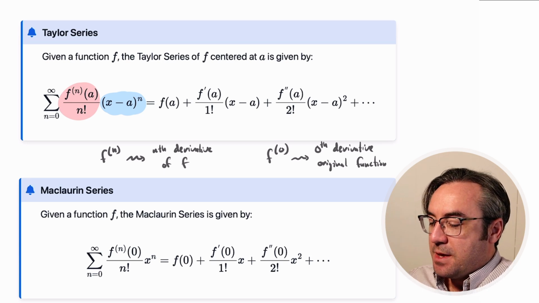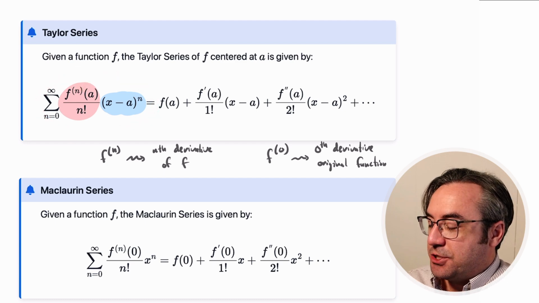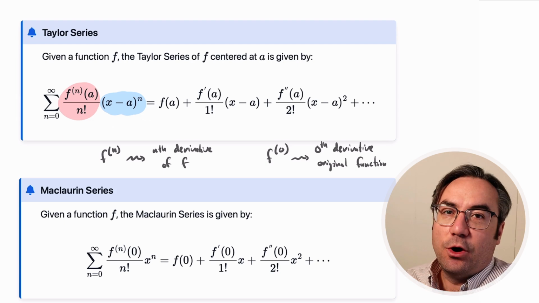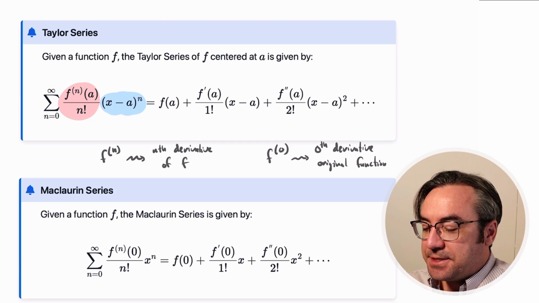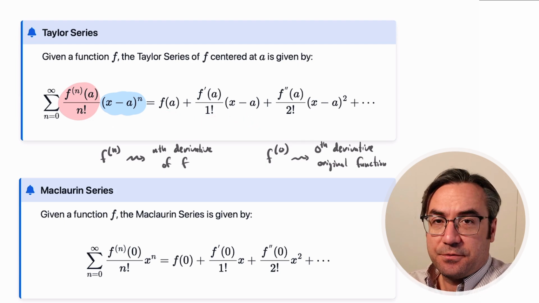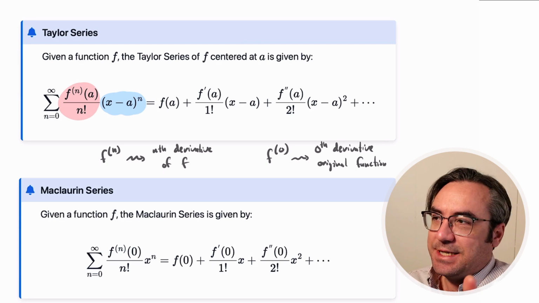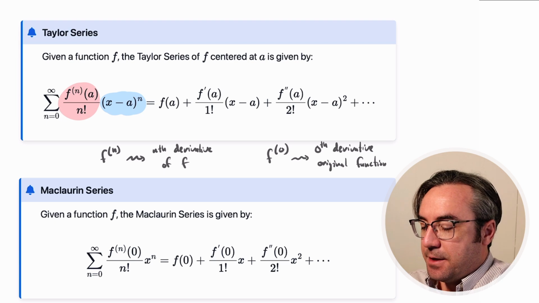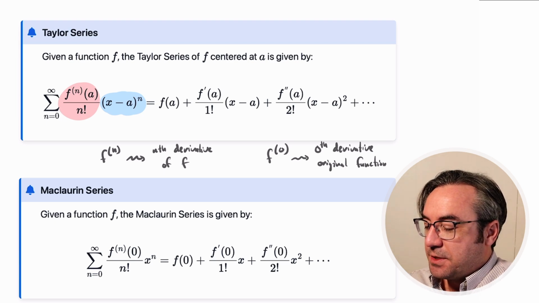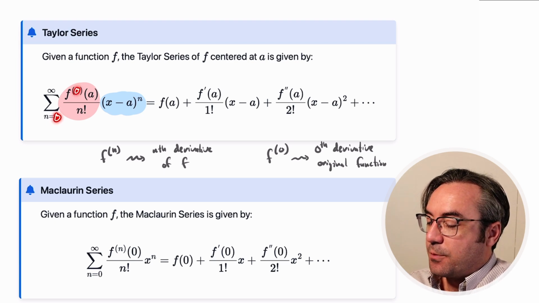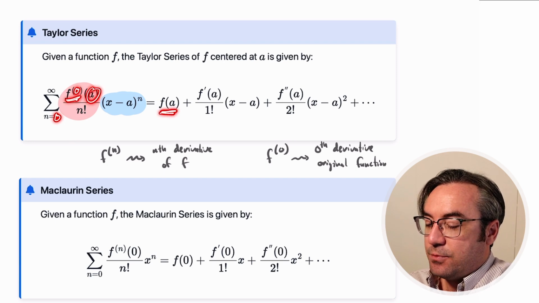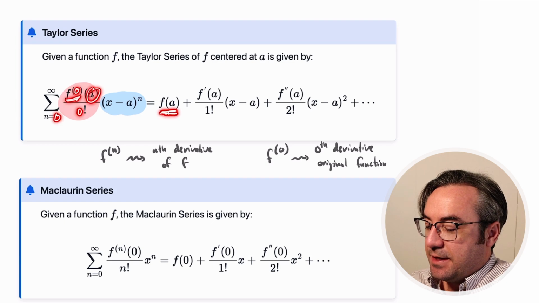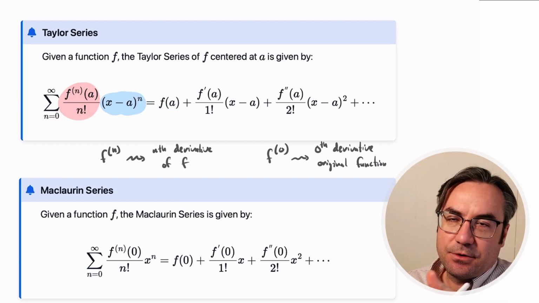All right, so we have it written in sigma notation, and this is where we want to go with these. But it does help to write out the first few terms to see what the Taylor series looks like. So when we plug 0 in, we get our original function evaluated at a. Then 0 factorial is just 1, and x minus a raised to the 0 is also just 1.